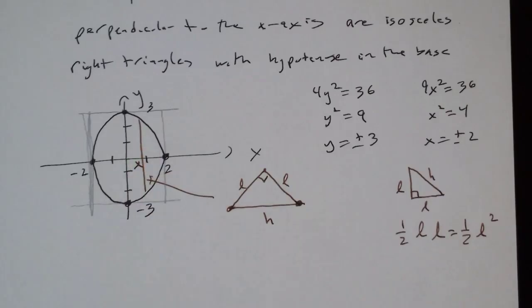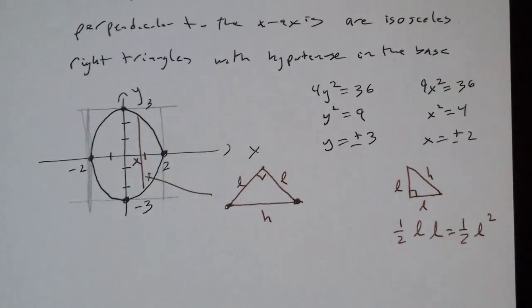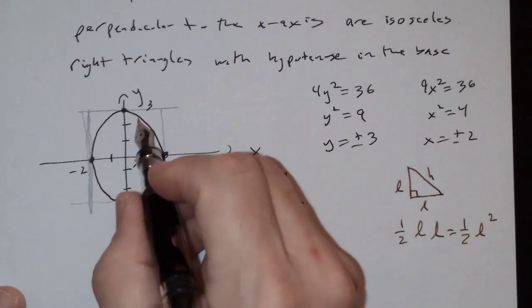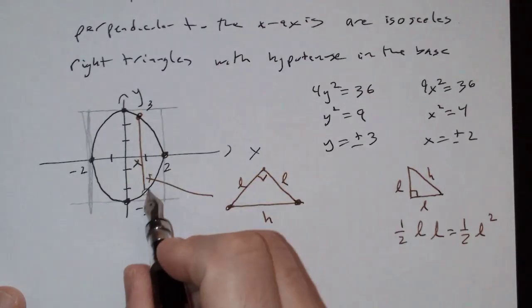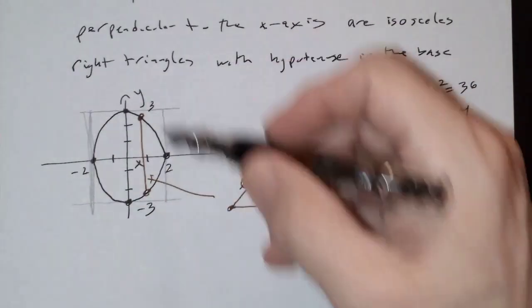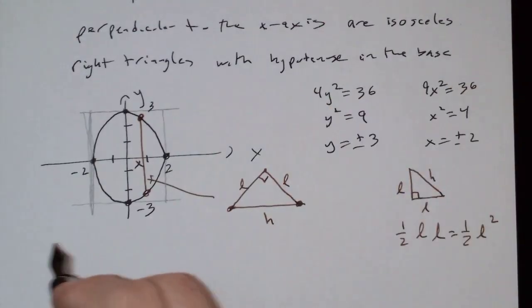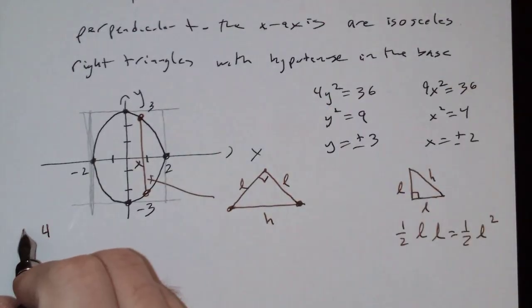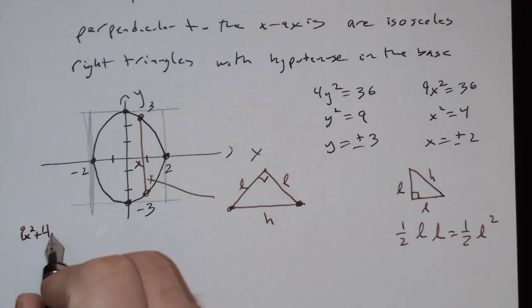So now I go back over here, and I ask myself, to get from this point to this point, I need an equation for the top and an equation for the bottom. But the only thing I know about this ellipse is this equation.